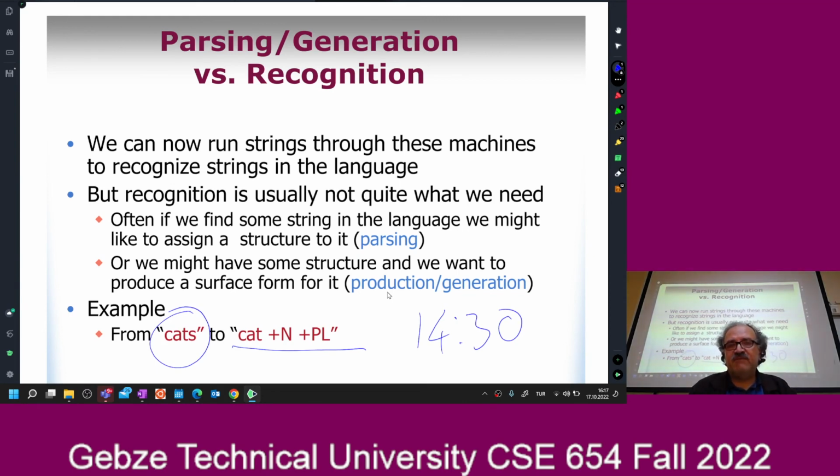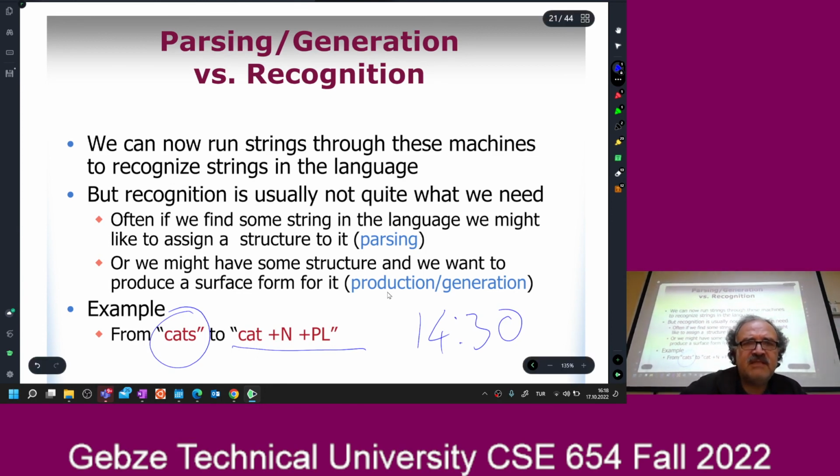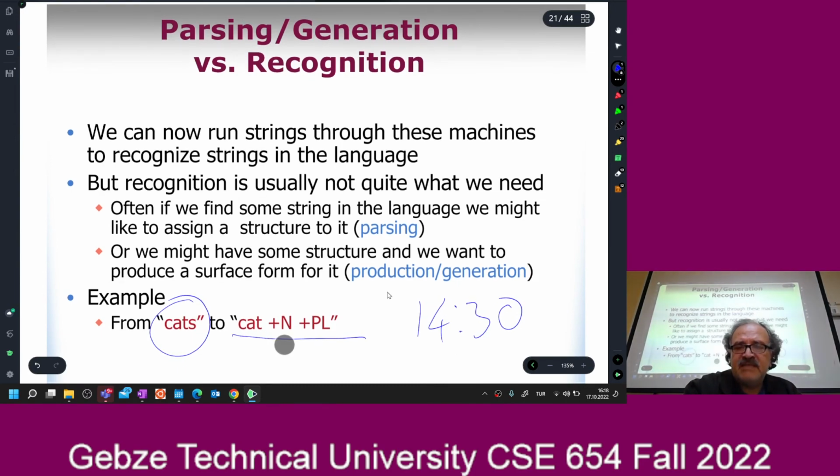Parsing and generation versus recognition. What did I say? I can use the finite state machines to recognize a given string. That's one thing. The other thing is I can generate words that are valid in that language only. That's the generation. The third one is the parsing. While I am doing this, I am producing this parsing output.